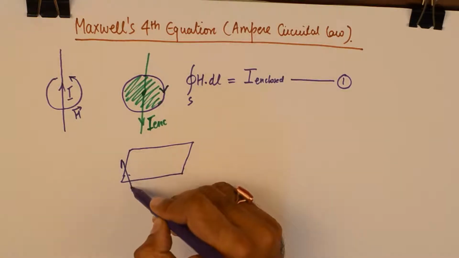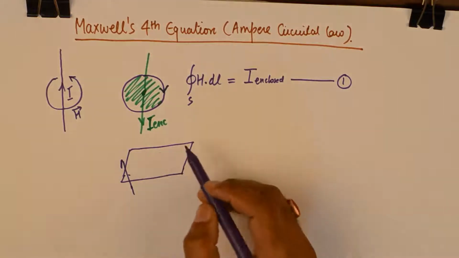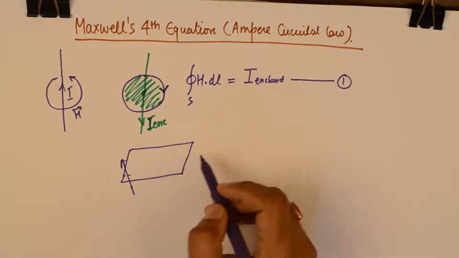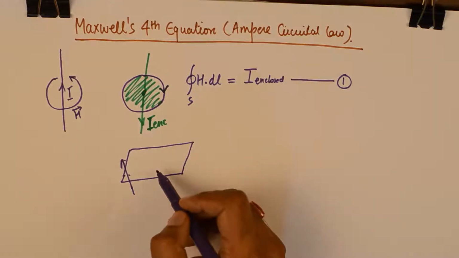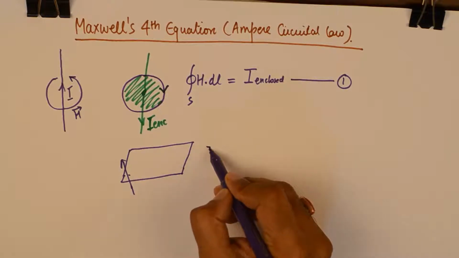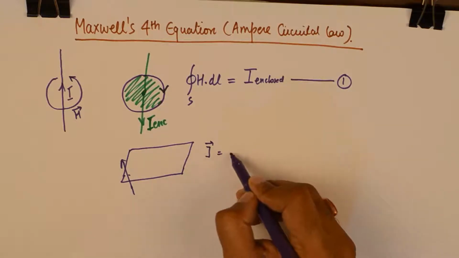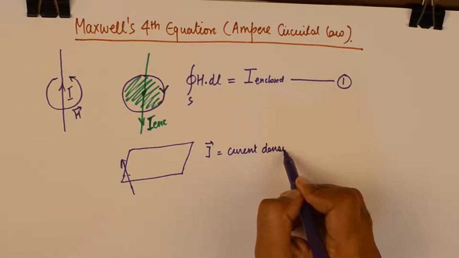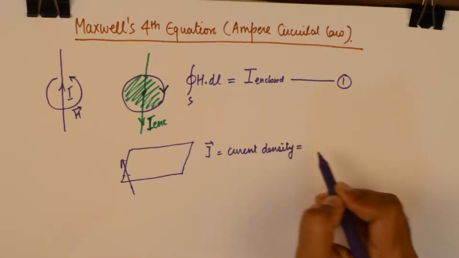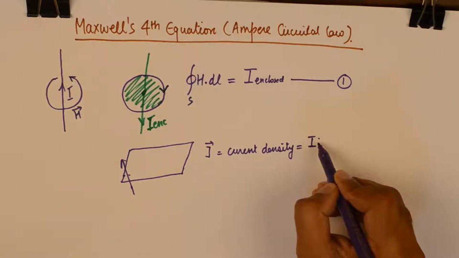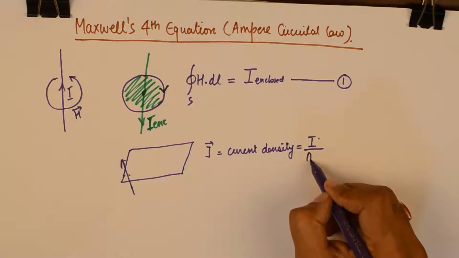So that can be obtained by multiplying the current density, because current density, which is given by J, is nothing but the current upon area.